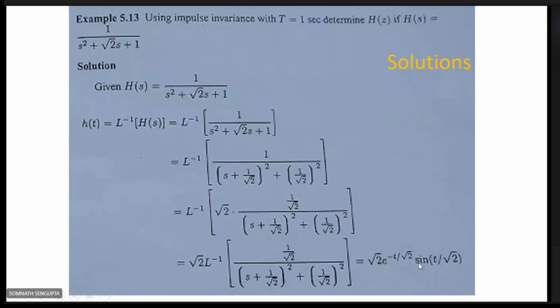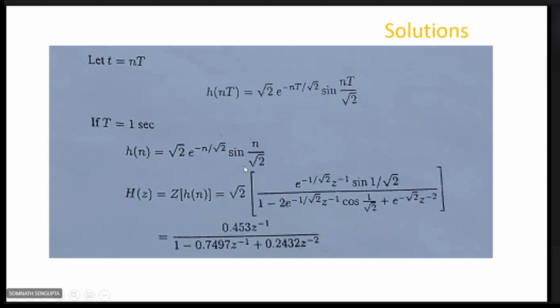Here another method is shown, that h(t) is directly calculated, that is coming to be root 2 e to the power minus t by root 2 sine t by root 2. h(t) is calculated, then in place of t put t equal to nT, just sampling it.